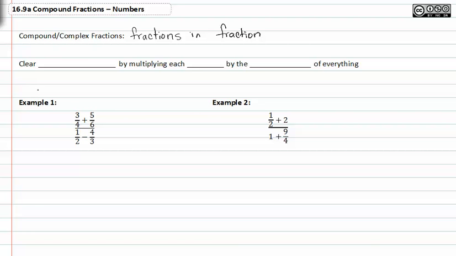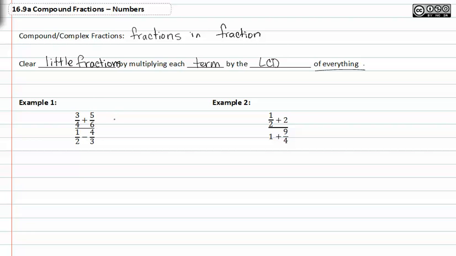If you want to clear the little fractions, you need to multiply each term by the LCD of everything. That's the key.